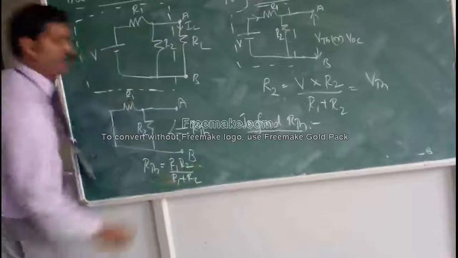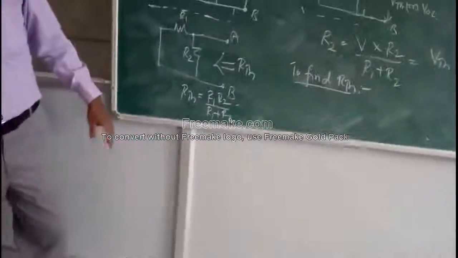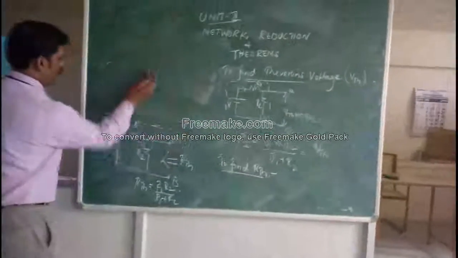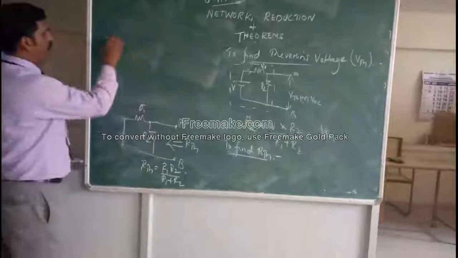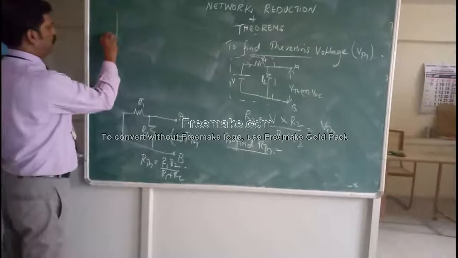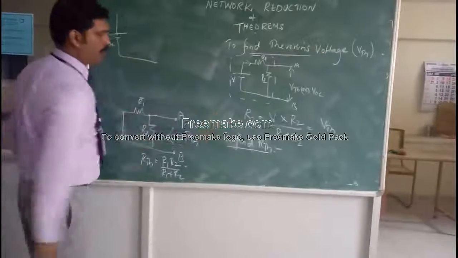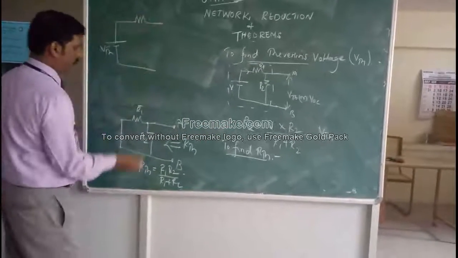Once I find R Thevenin, I can model my circuit into a simple circuit. How? Now I can replace the entire circuit with a simple circuit like this: V Thevenin, which we found as V into R2 by R1 plus R2, and I have found R Thevenin.